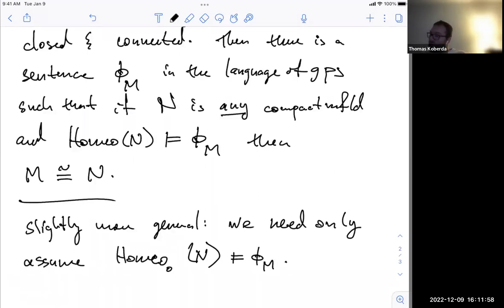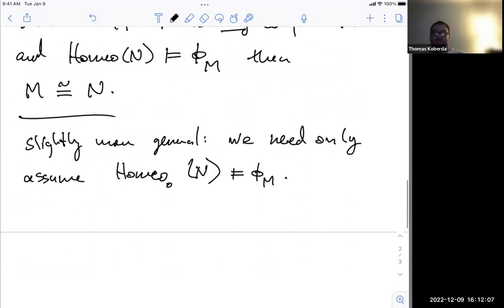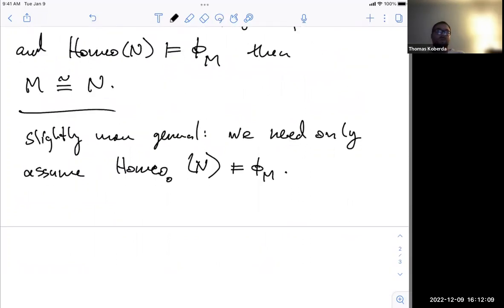Okay. And moreover, one can put some further restrictions on what the homeomorphism groups are.